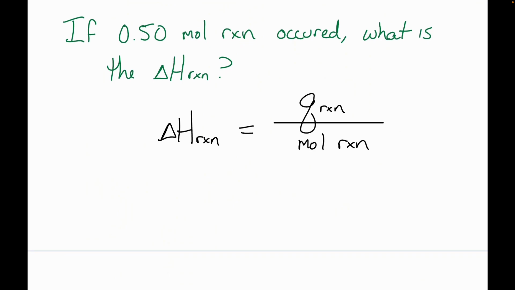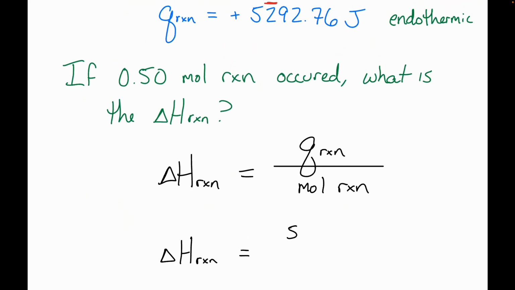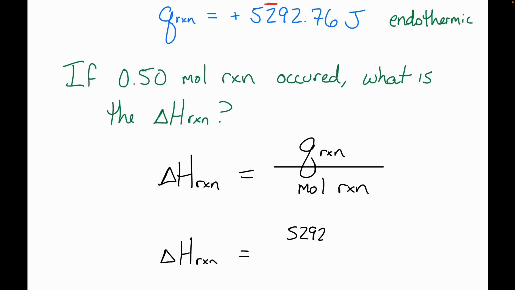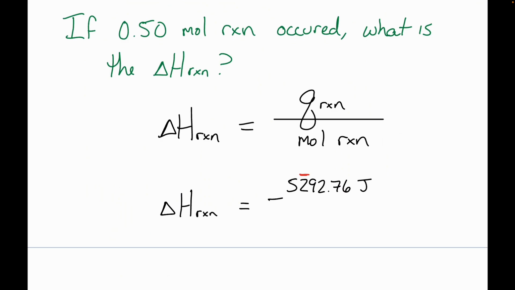So from my calorimetry experiment here, I know that when this precipitation occurred, it absorbed that 5,292 joules. And now I'm being told that it was 0.50 moles of that reaction that actually occurred.